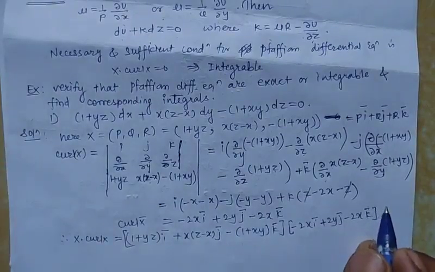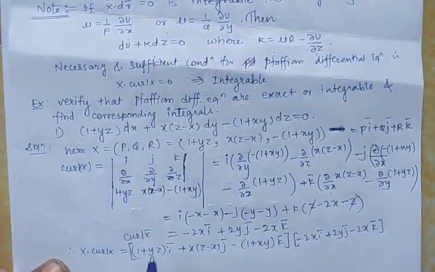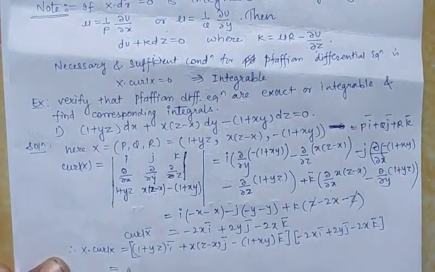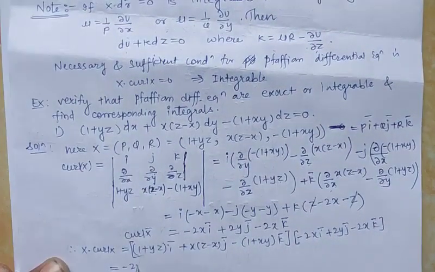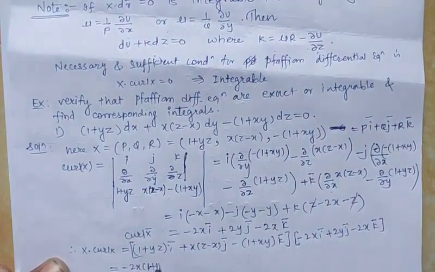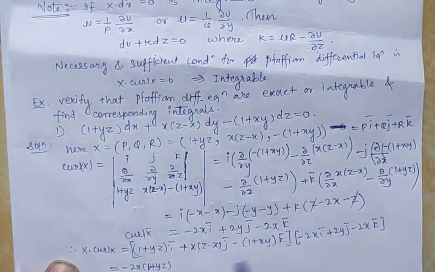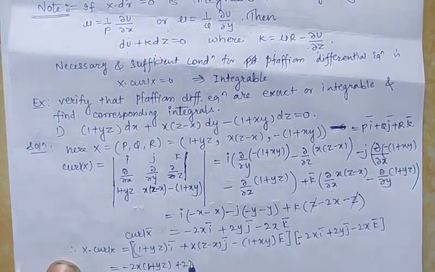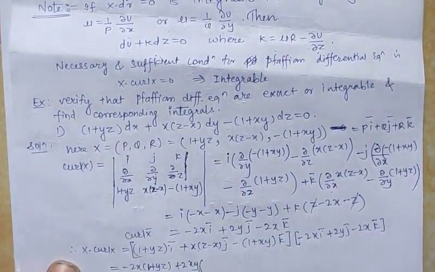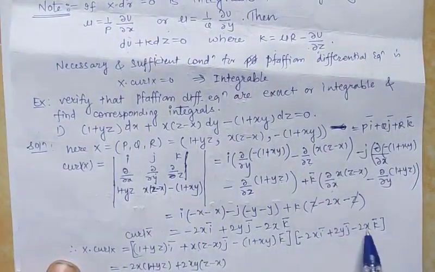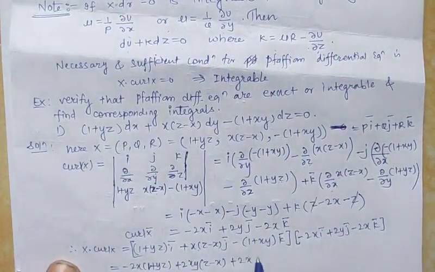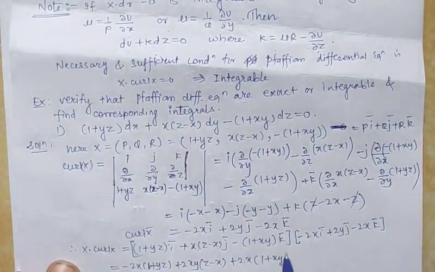Taking its dot product, we get minus twice x into (1 plus yz), next plus twice x y into (z minus x), plus twice x into (1 plus x y).